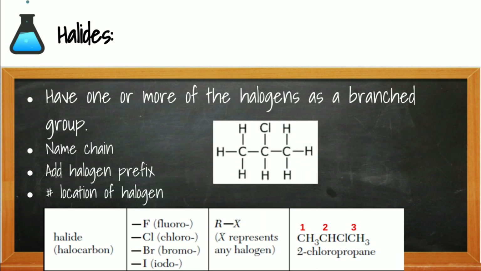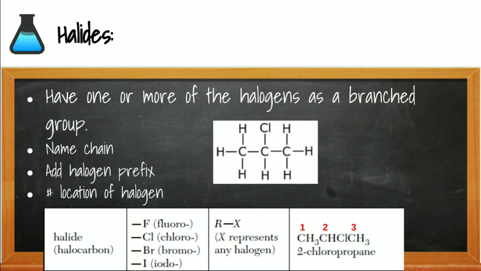So when we look at the first compound, we can see the halides or halocarbons, and they have one or more halogens attached. So in the Regents example, the name is called 2-chloropropane. So when we go and we count the carbons and hydrogens in the structure, you can see here I've numbered the carbons.